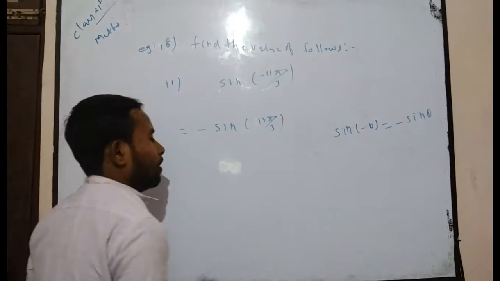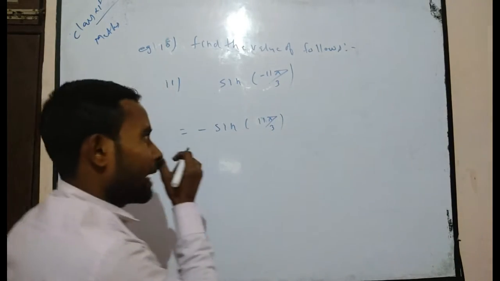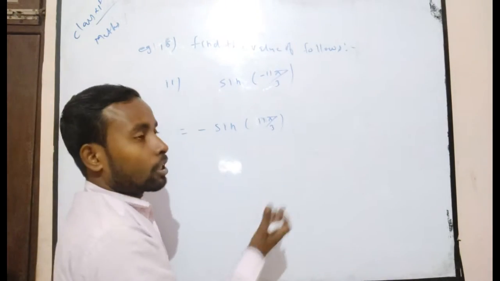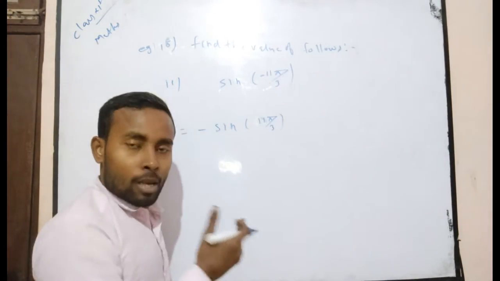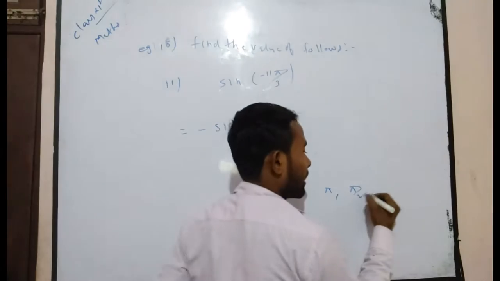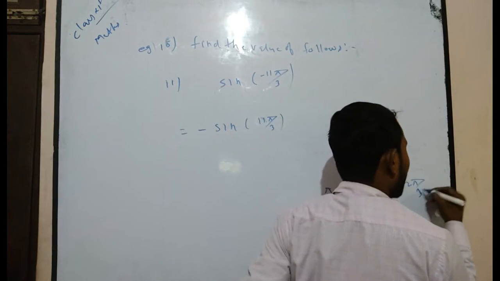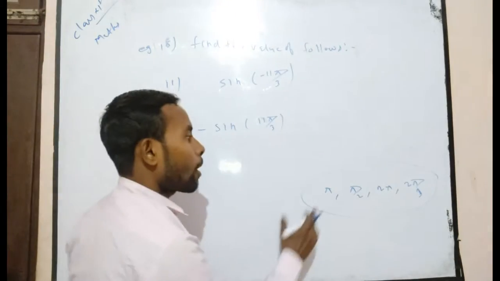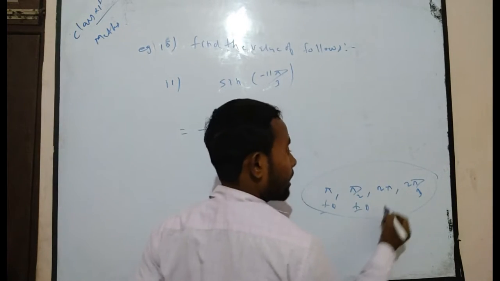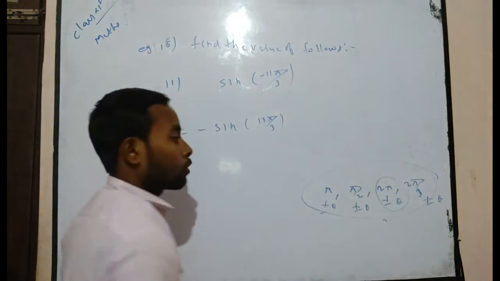Now you have to convert it as a sum of angles, in which the first angle will be maybe π/3, π/2, 2π/3. These are the angle forms: π plus or minus θ, π/2 plus θ, 2π plus or minus θ.